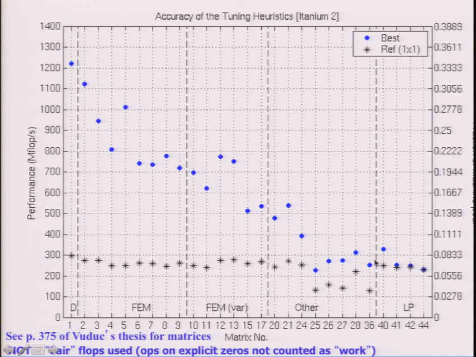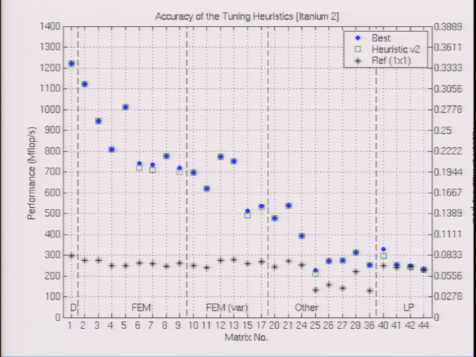And then down here, there's some improvement, and that's not bad, like a factor of 2, but it's still much lower than that. So that's if we do exhaustive search, trying all 144 possibilities. What about our heuristic and the little green squares? You can see that most of the time the little green squares are dead on the optimal. You get the same answer from this cheap search, and there are a few cases where they miss by a little bit. But the heuristic does a pretty good job.